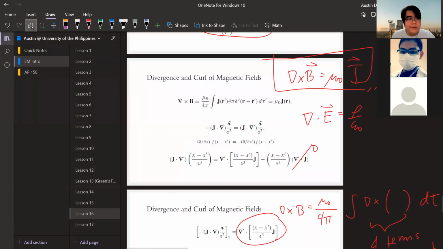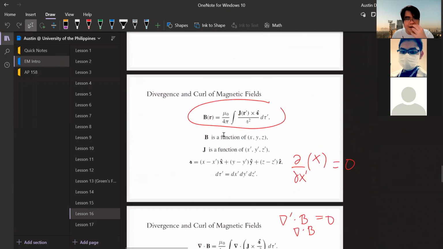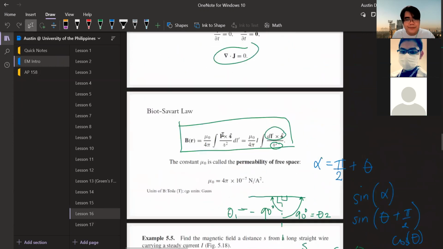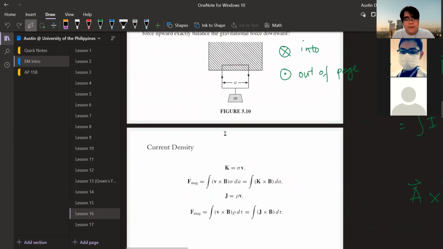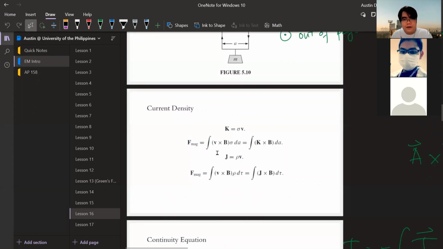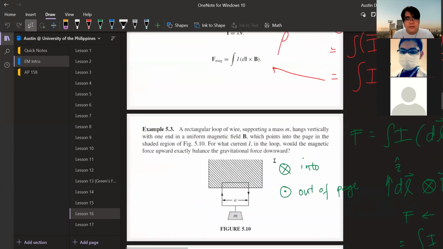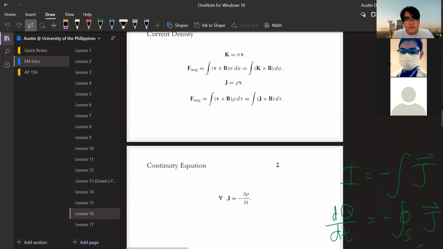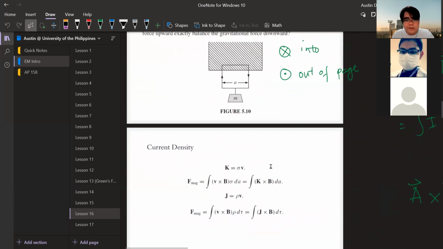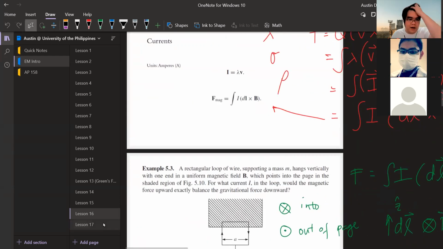Natin definition ng K para systematic tayo.